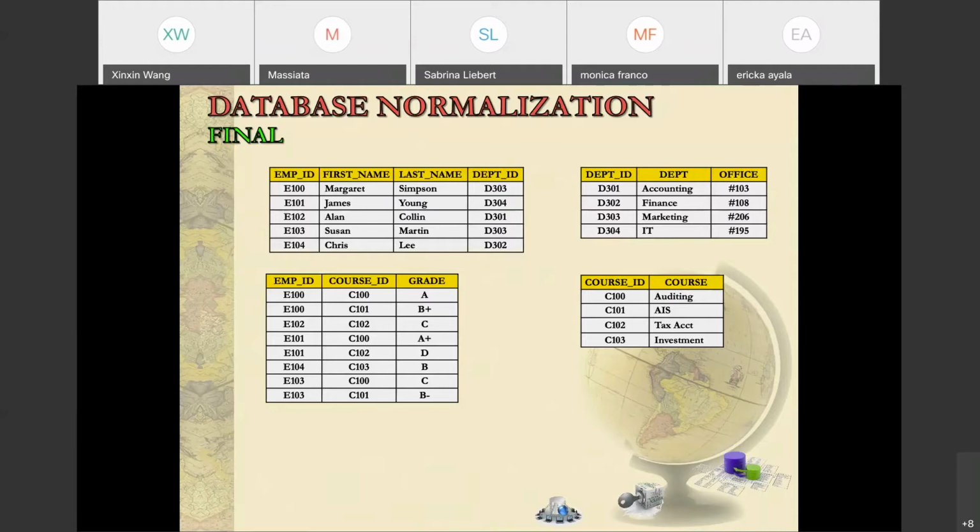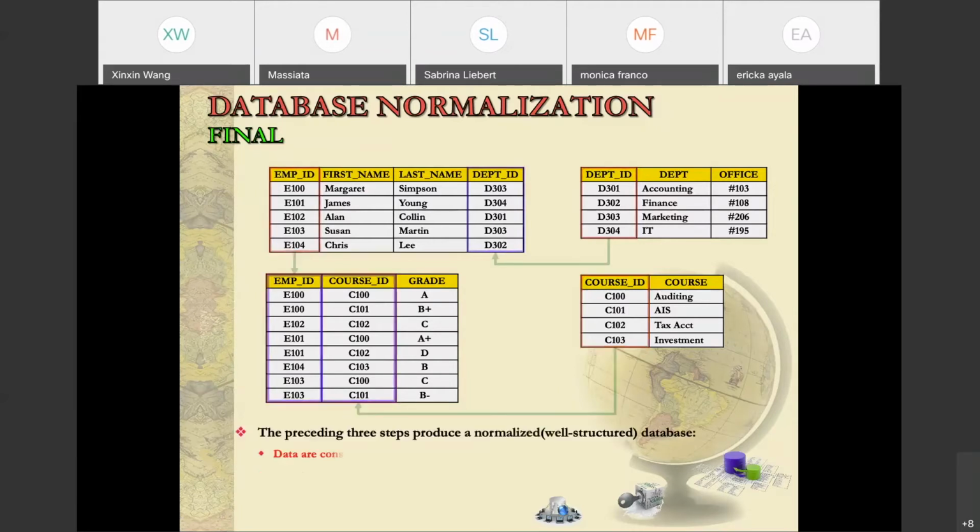We have four tables: one employee table, one department table, one employee grade table, and one course table, right? And we are able to link them with the foreign keys from the other tables. So these three steps produce a normalized database, which means the data are consistent, redundancy is minimized or controlled, anomalies are avoided, and the storage space is efficiently used.